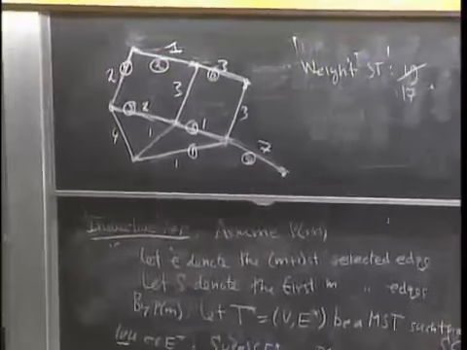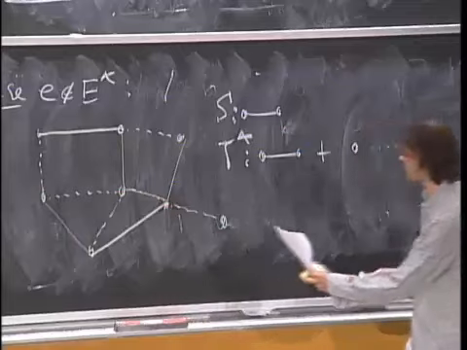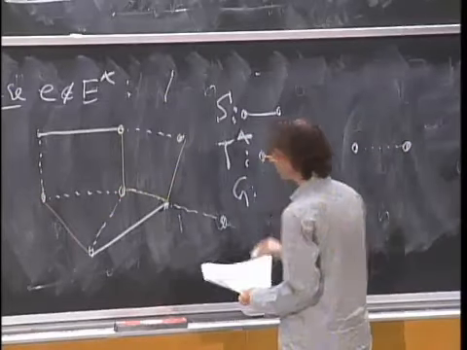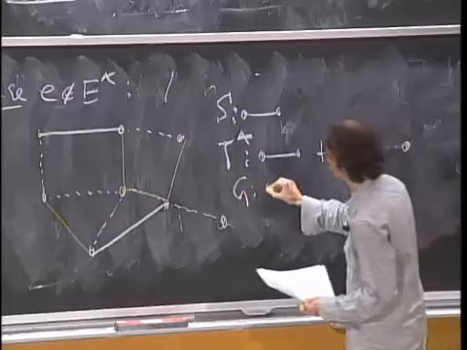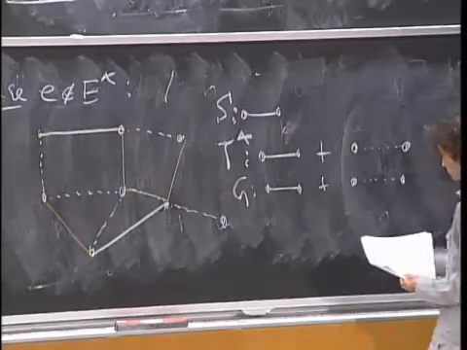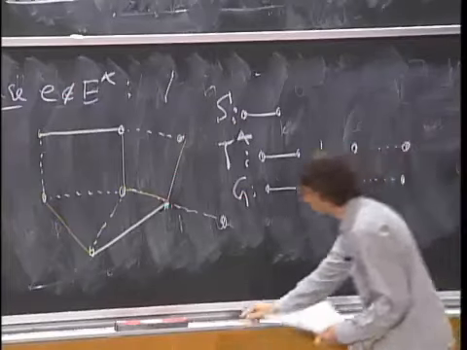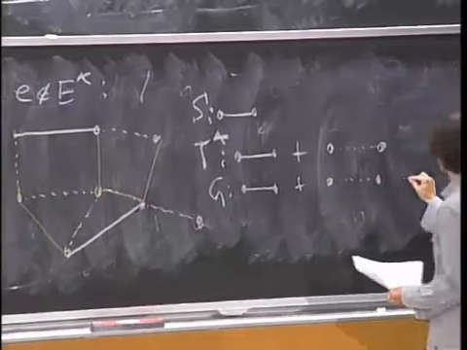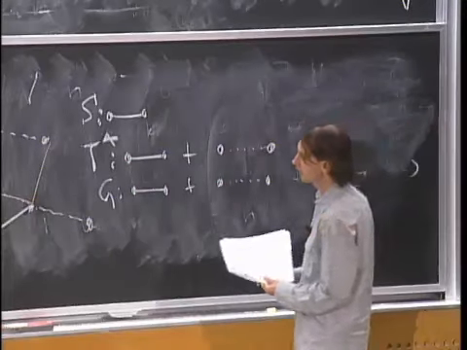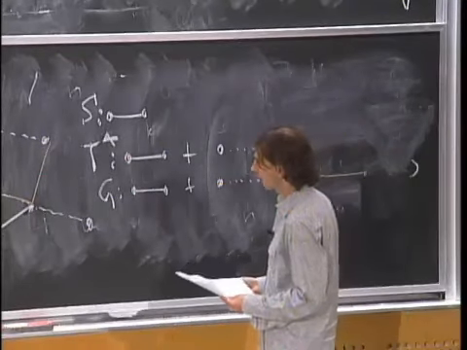It's also a minimum weight spanning tree. Okay, what is G? G is the complete graph and contains not only these 2 types of edges, but also these more orange-colored ones. So this is the situation that we are in.